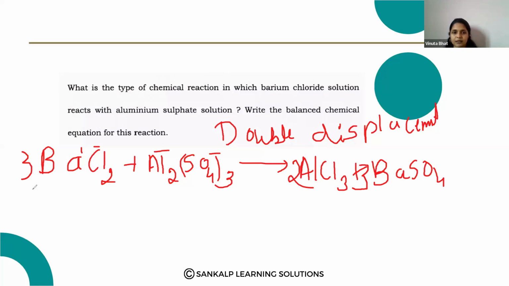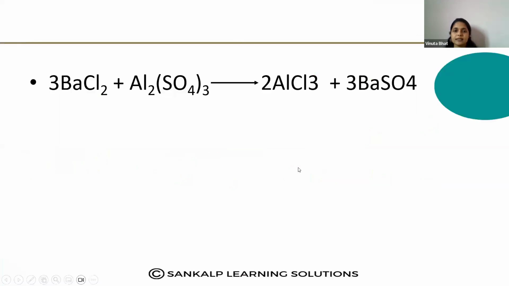So I hope it is balanced. Let us check the balanced chemical reaction. 3 BaCl2, Al2(SO4)3, 2 AlCl3 and 3 BaSO4. So this is the balanced chemical equation. You should write the physical state of the reactants and the products. Okay, so that is also very important.